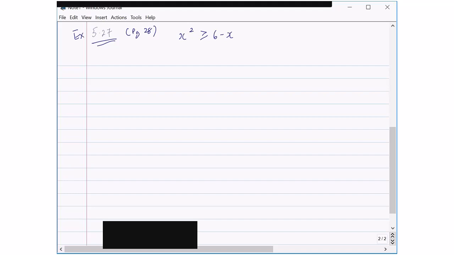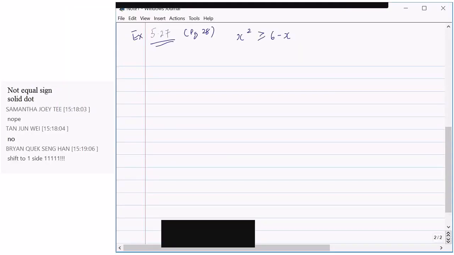Brian, help me answer, please. What do I do first? Shift to one side, exactly. So I move the 6 over, I move the minus x over. What does it become?